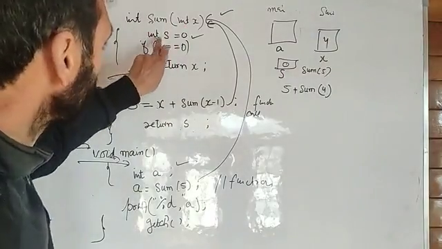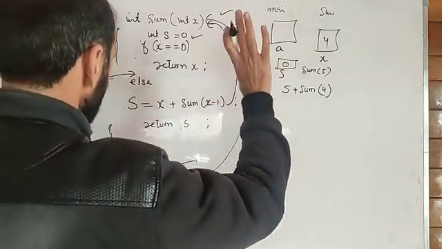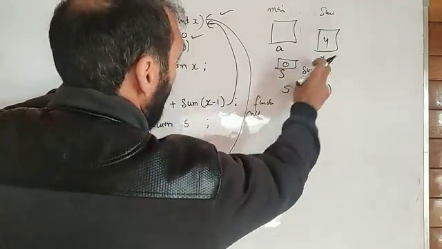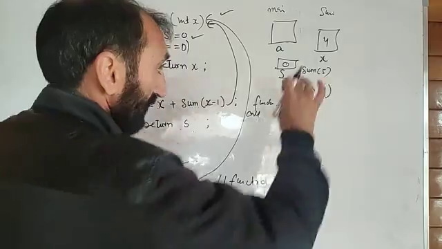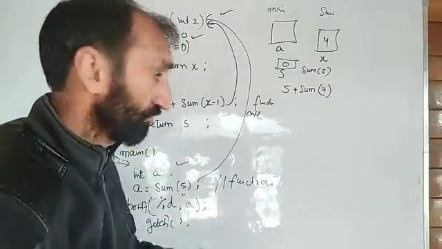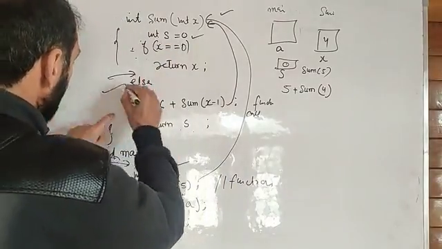After execution of this line, int sum 0. If x equal to 0? No. Now x is still 4, x is not equal to 0. That means this condition evaluates false, and else will get executed.